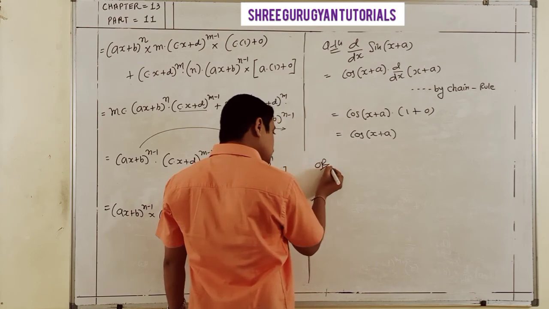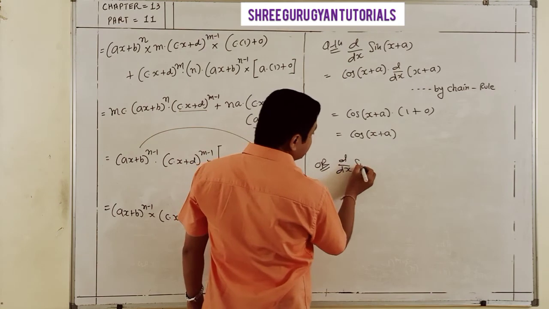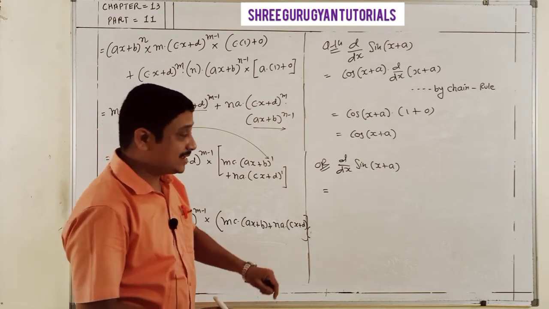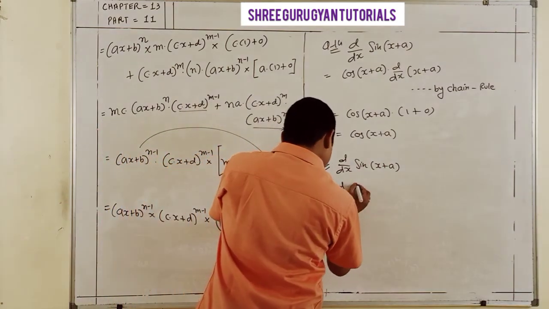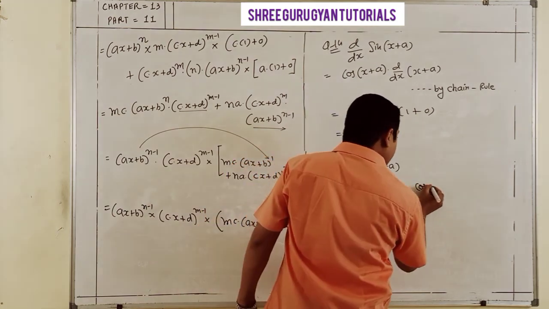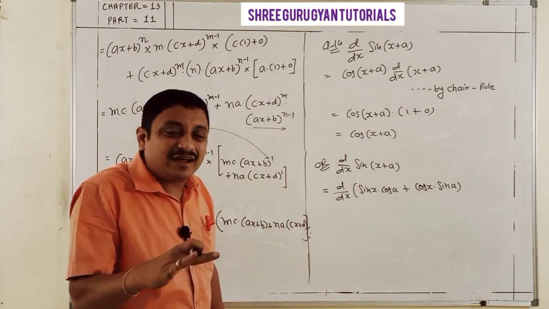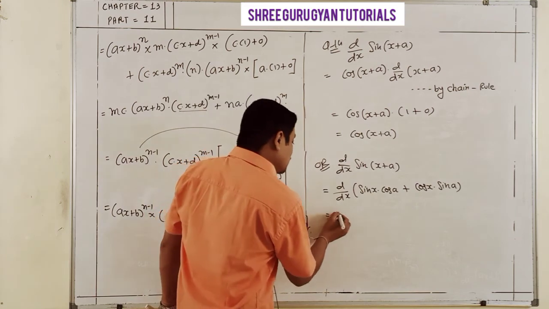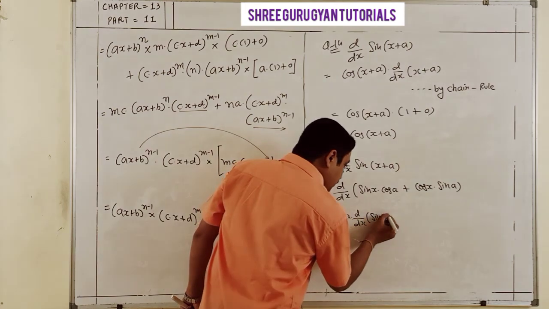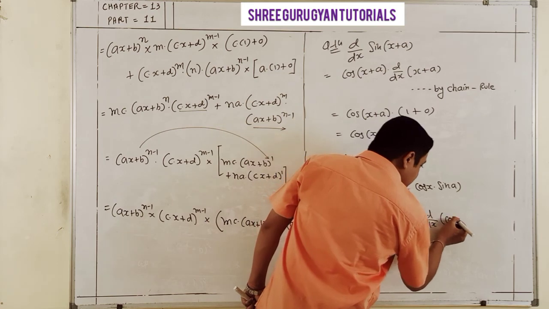In short, your answer is cos(x + a). Now another method: the same numerical I explain again, students. You should understand both. Here the formula operates: sin(x + a) equals sin x cos a plus cos x sin a, so d/dx of that. The two constant functions are taken outside and the variable inside. So cos a outside, d/dx of sin x, plus sin a outside, d/dx of cos x, students.